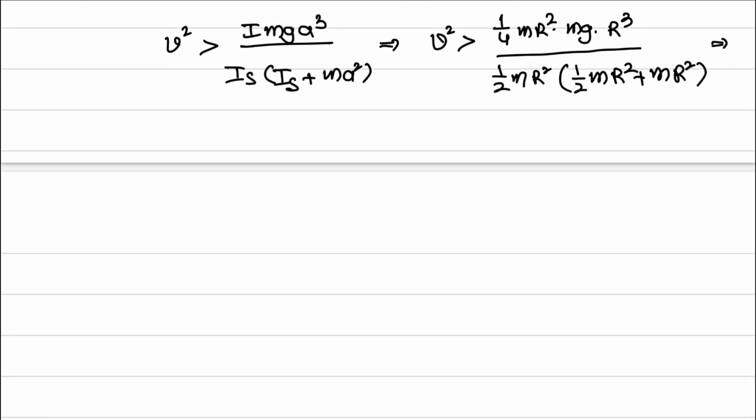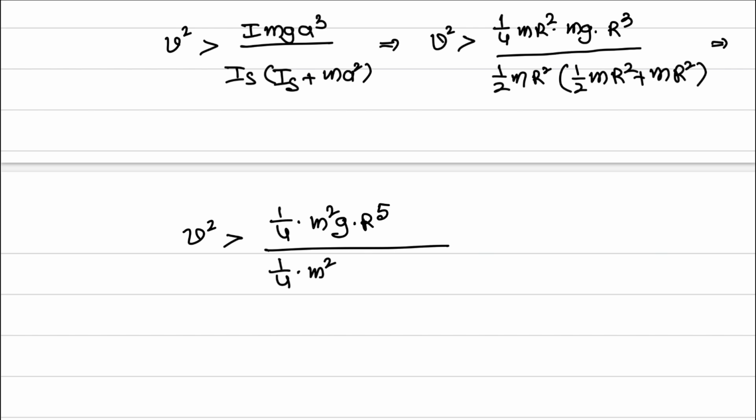This implies V square should be greater than 1 by 4 m square g into r to the power of 5 whole divided by 1 by 4 m square r to the power of 4 into 3, because half m r square plus m r square is 3 by 2 m r square. Half into half we have taken already, that is 1 by 4 m square r to the power of 4 into 3.